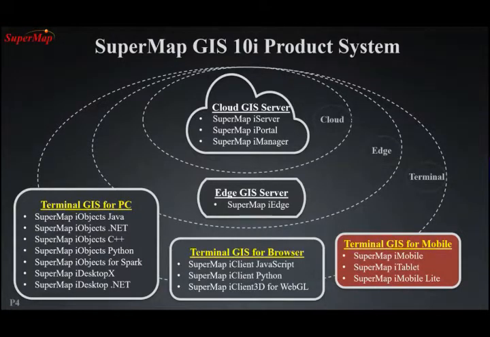For the mobile terminal, we have three versions of our product. The first one is Supermap iMobile. Then we also have a light version. The iMobile Lite is the free version. And then based on the iMobile SDK, we also have the application called iTablet.